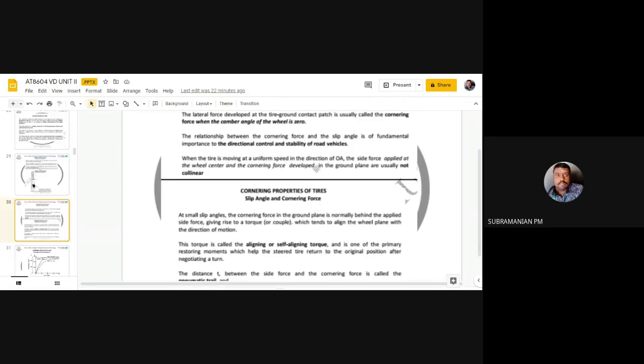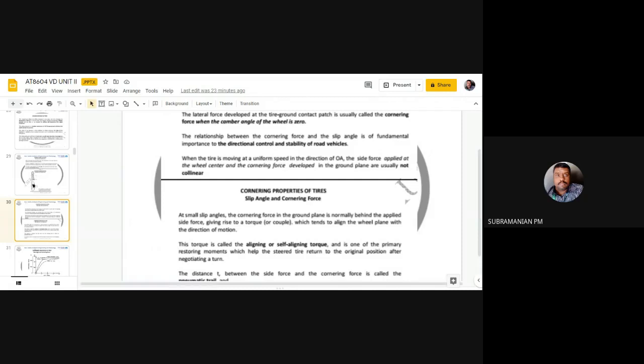It is going along OA. So what happened? The side force at the center and the cornering force at the ground plane will not be collinear. Collinear means the line of action will not be the same.